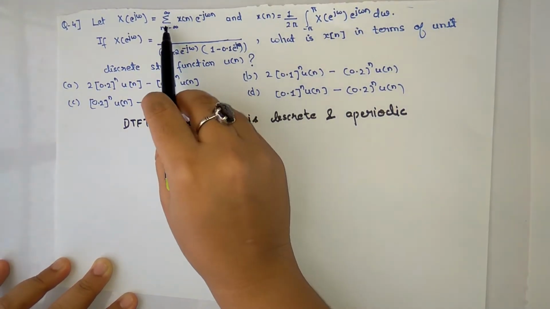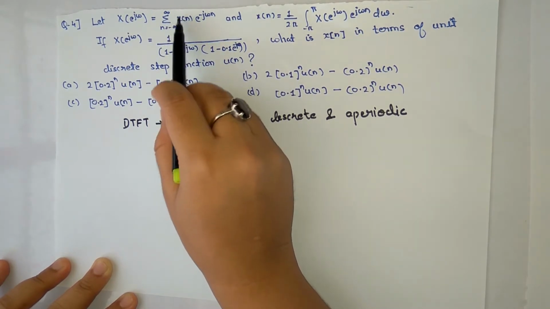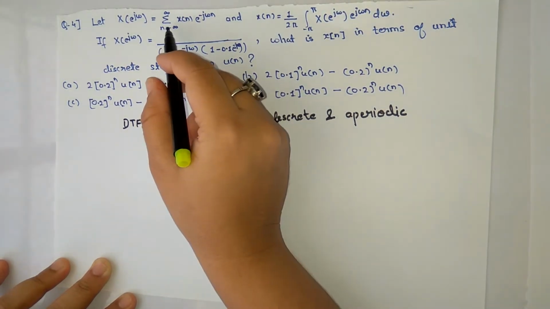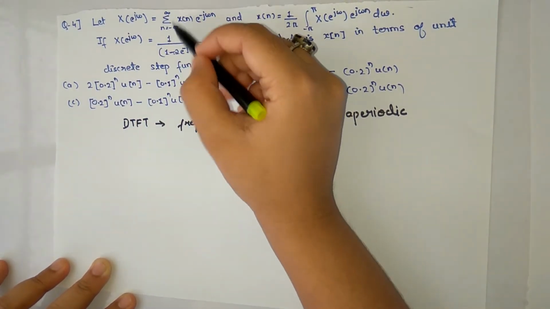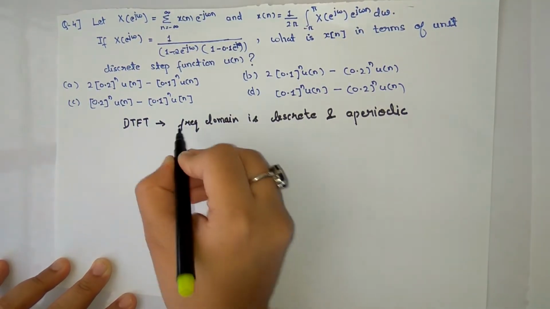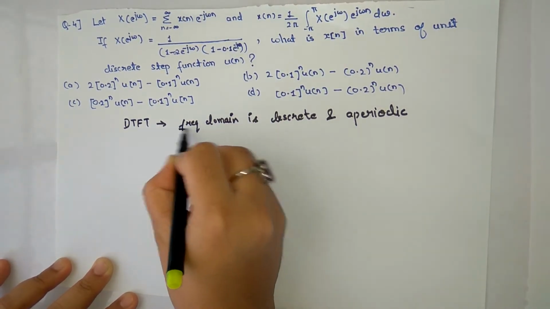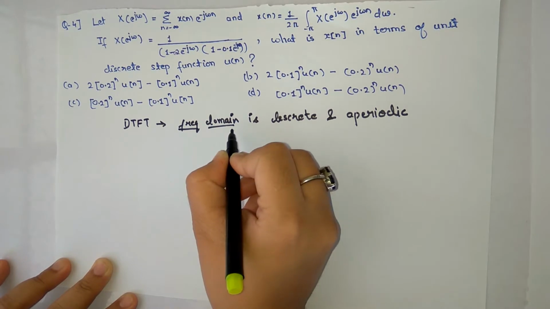See, this is discrete, that is why n equals minus infinity to infinity, the limit is in terms of n, not in terms of t, and it is a periodic function, that's why we are integrating it in the complete limit.